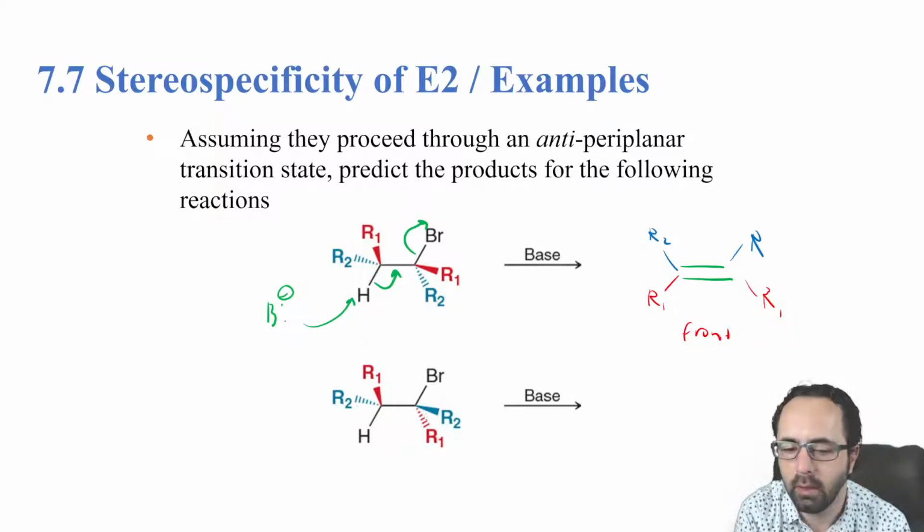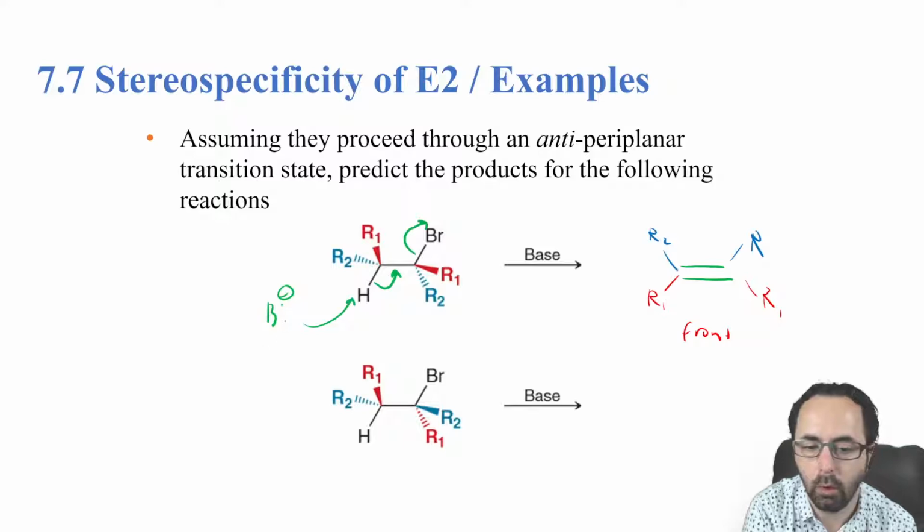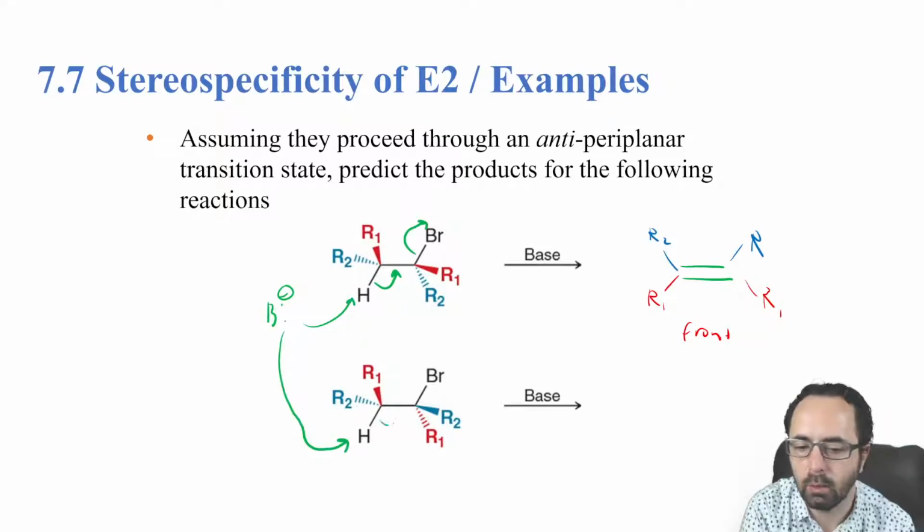Whereas here, if we have this other arrangement, it's the same thing. We'll have a base. That base will do a proton transfer, and that one will leave its electrons here and then leave. In this case, the R1 and the R2 are on the wedges.